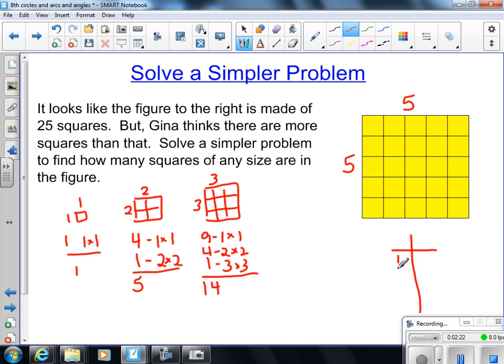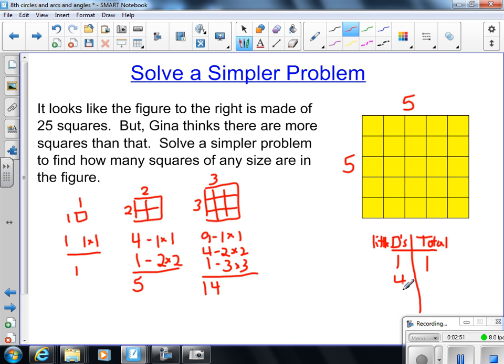Okay, well, the 1 by 1, where there was just one little square in it, had a total of how many? 1. Okay, these are the little squares. And this was the total other. This is the total. Okay, this one, we had how many little squares?